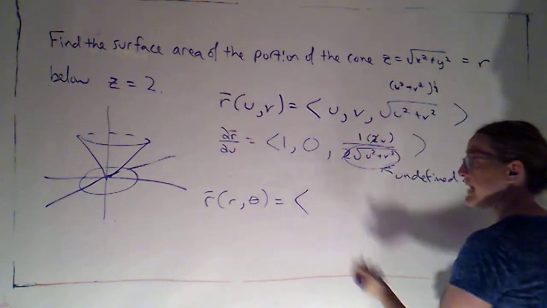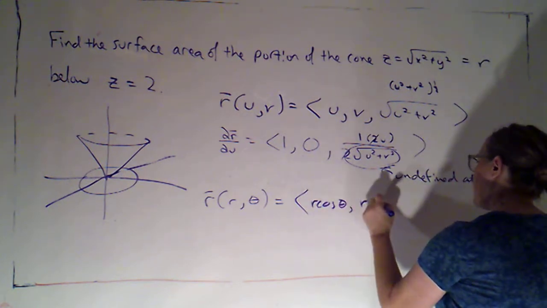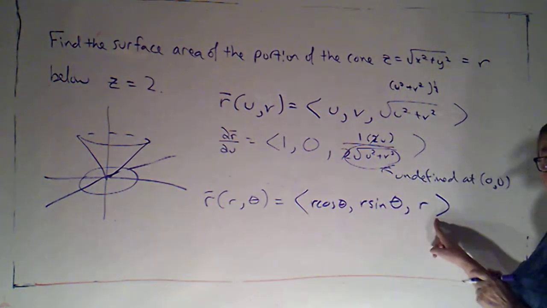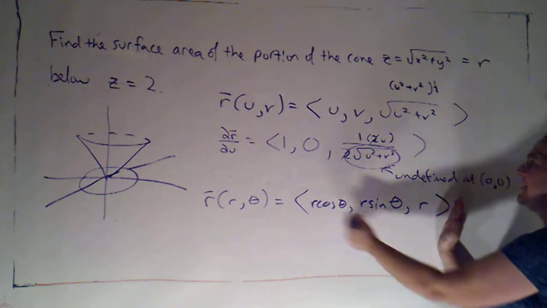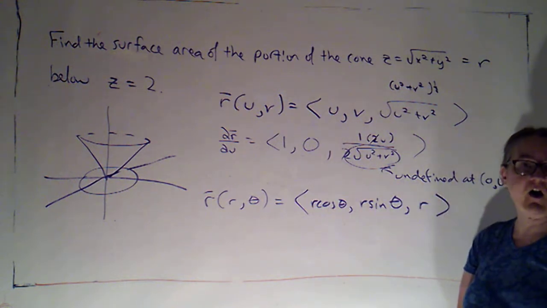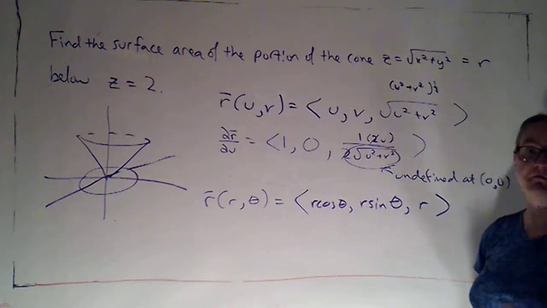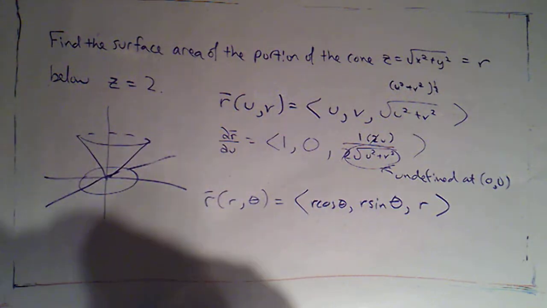And I'm going to say, okay, that means x is r cosine theta, y is r sine theta, and z is just r. This is going to have continuous partial derivatives with respect to r and theta, so I don't have to worry about things being undefined at any point. So I like that, so let's use that instead.